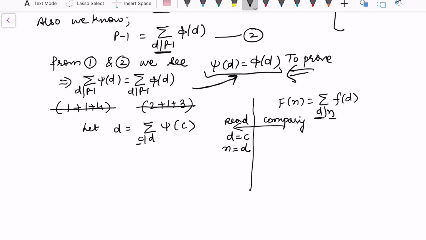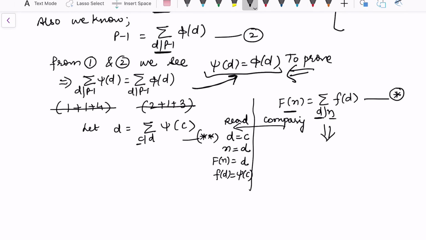Then this expression, which I may write as star, and the double star expression are exactly the same. Also, what is capital F(n)? Capital F(n) is replaced here by d. So in this I have F(n), and on this side I have small f(d) replaced by ξ(c).